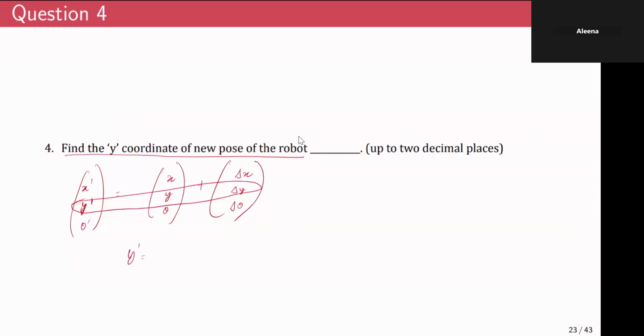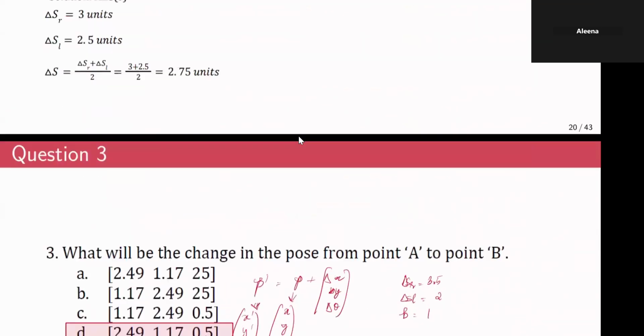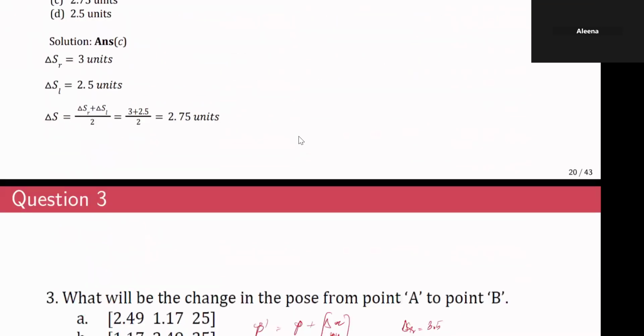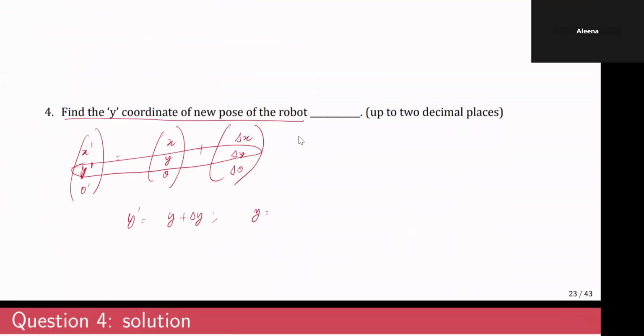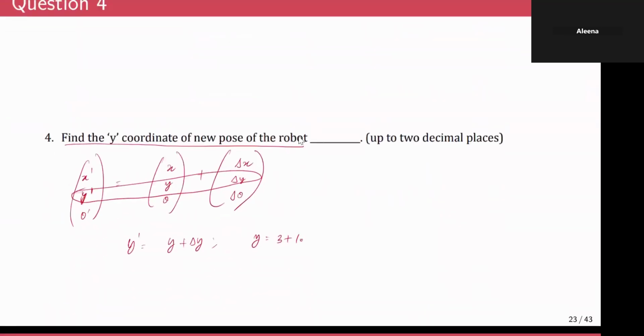So y dash is y plus delta y, and y, as per the first problem, was 3 units. So we'll keep 3 plus what was delta y as per our previous problem. It was 1.17, right? So our y dash would be 4.17 units. Easy as that.